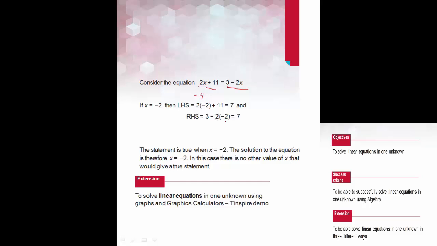Negative 2 times negative 2 is positive 4. So 3 plus 4 is 7. So at that particular point, we have the right hand side equal the left hand side, which means x equals negative 2 is indeed the solution to the equation. So this is the first method, by guessing.